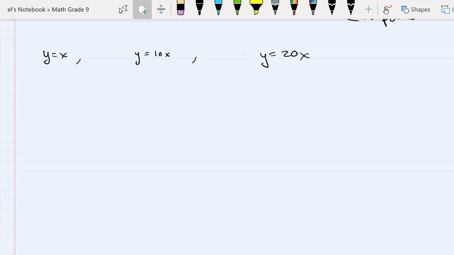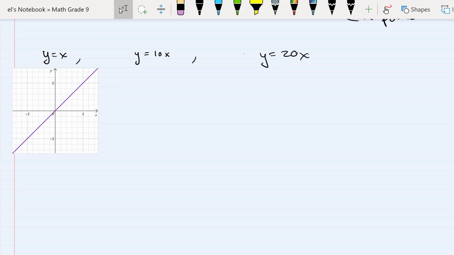Let us now look at what happens to the slope m as we increase the slope from 1 in y equals x to 10 to finally 20. So for y equals x, if we plot the graph, we get a straight line that goes through the origin.